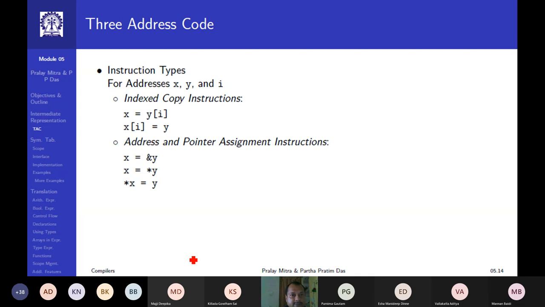Next is interesting, two things: the existence of the array and the pointer. So when it is an array, then x equals y[i] is my 3 address code. What is the operator here?